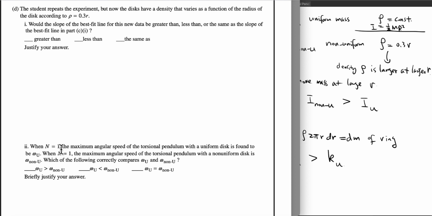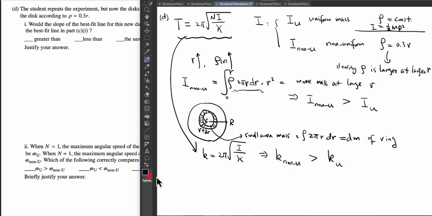Now, the second part of the question: when n equals 1, the maximum angular speed of the torsional pendulum with a uniform disk is found to be omega u, and the maximum angular speed with a non-uniform disk is omega non-u. Which of the following correctly compares omega u and omega non-u? We should start with the same angle, so the elastic potential energy at the beginning is the same for both.